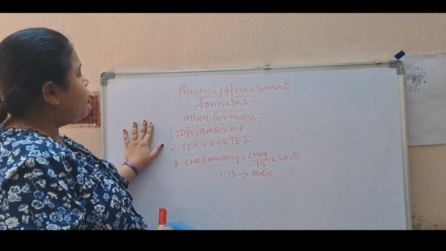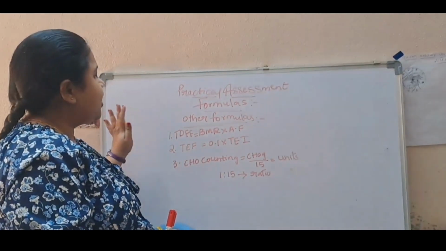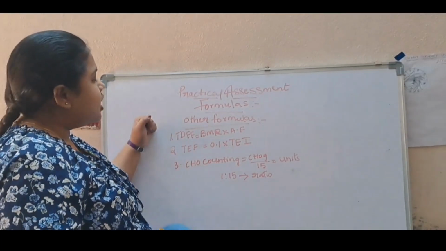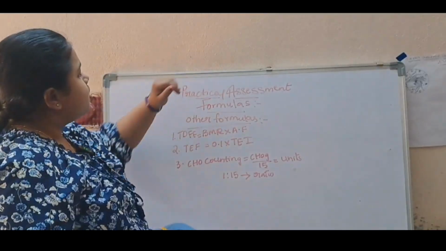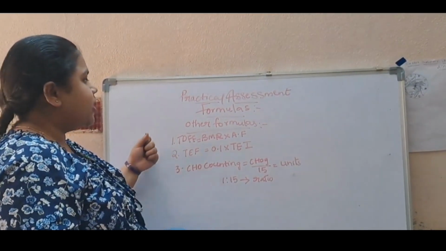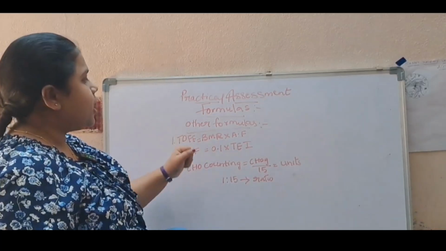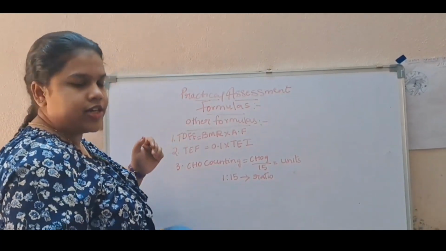Here, if you look, I wrote three. First one is TDEE, second is thermic energy effect, and third one is carbohydrate counting. In the first, total daily energy expenditure, we have to calculate BMR using the Harris-Benedict equation for energy.